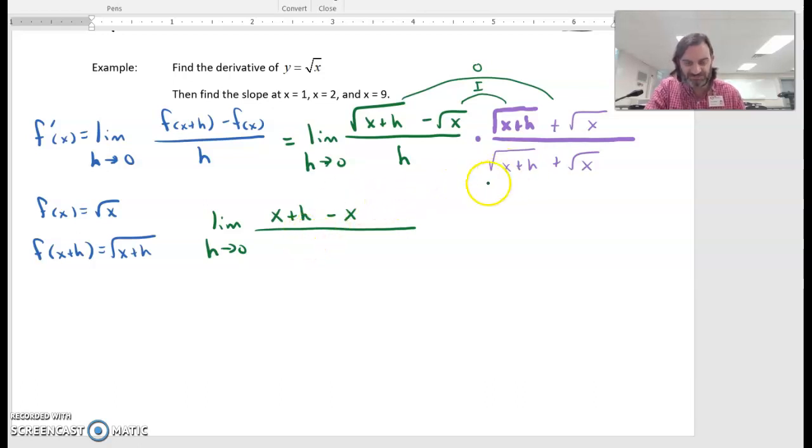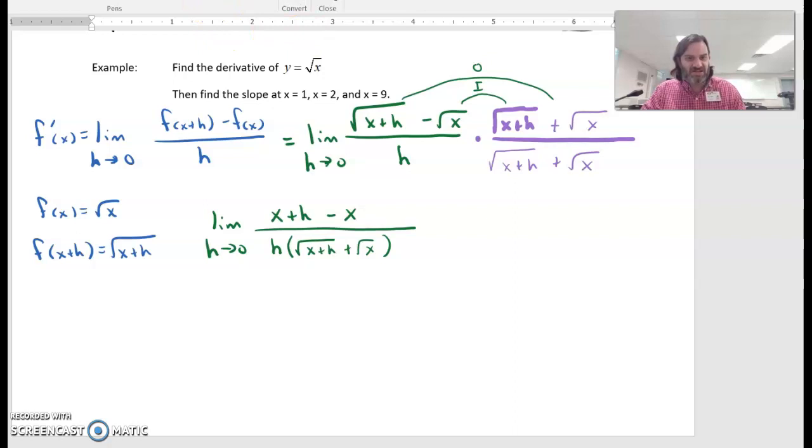Now on the bottom, just like when we did the conjugates for finding a limit, let's not multiply that out by distributing it. Let's just write it down. So we'll have h times the quantity of square root of x plus h plus the square root of x. Because we're trying to get rid of that h out front, we don't want to put it with anything else. We want it to be a factor.